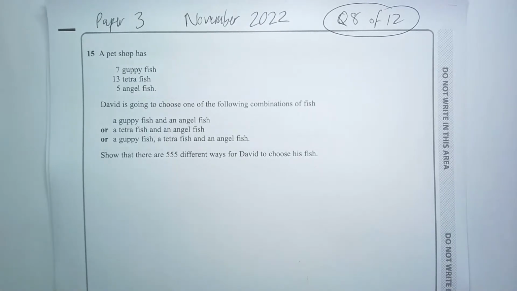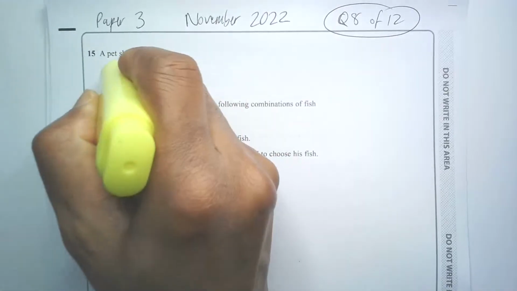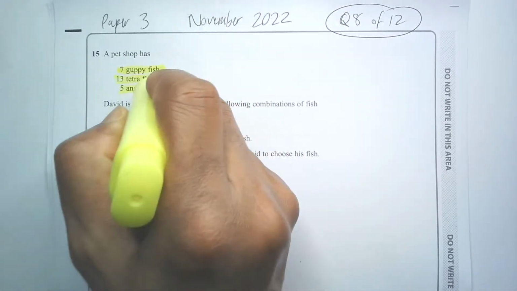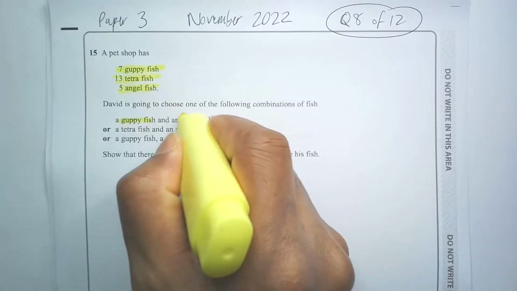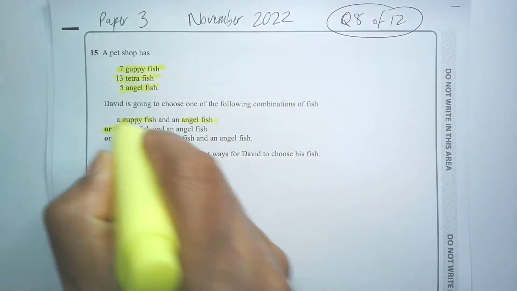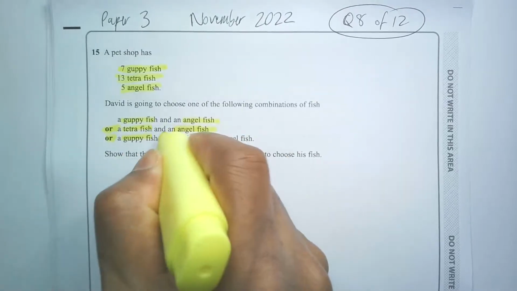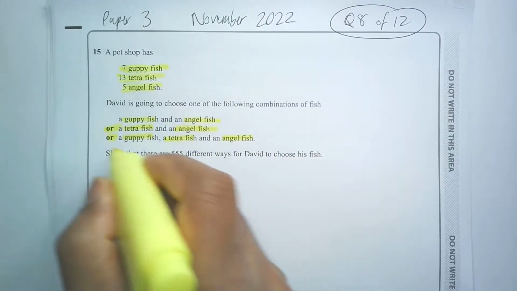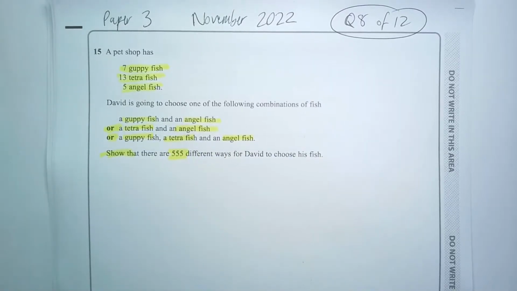So if I look at my key information, I've got 7 guppy fish, 13 tetra fish, 5 angelfish. We've got different information here: guppy fish and angelfish, or a tetra fish and angelfish, or a guppy fish, tetra fish, and an angelfish. And we have to show there are 555 different ways.